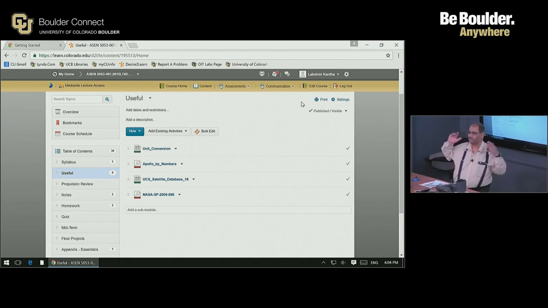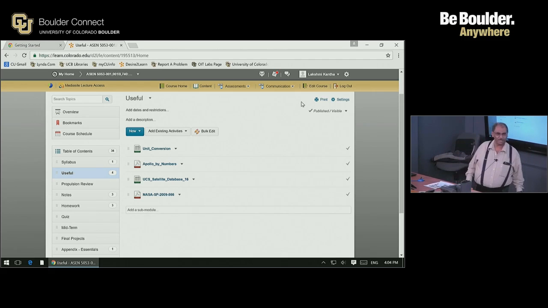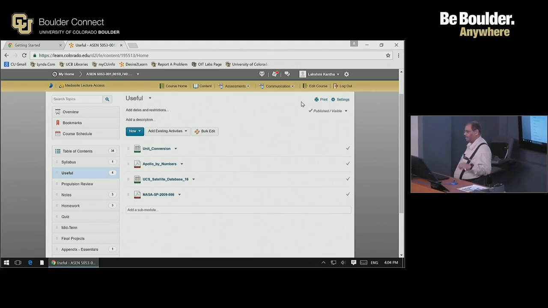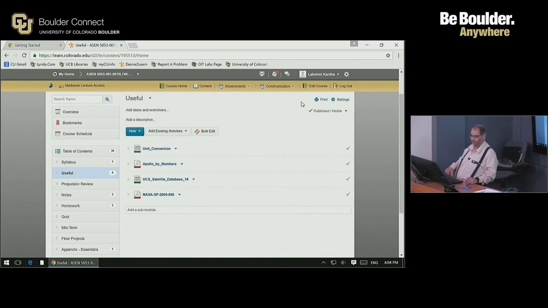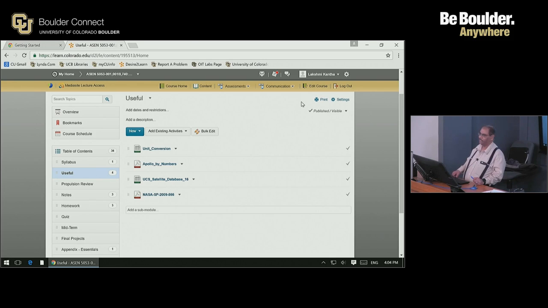I mean, engineers, we love numbers: masses and times and so on. For those of you who would like to choose International Lunar Village for your final project, that's a good start to see what they did and what needs to be done.